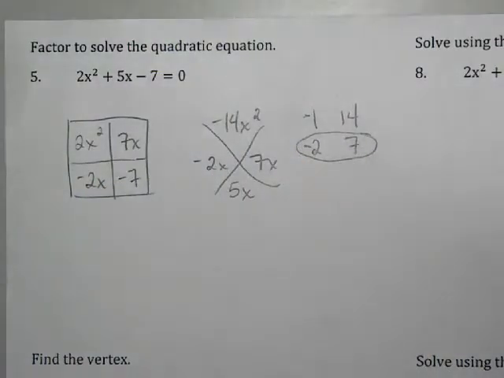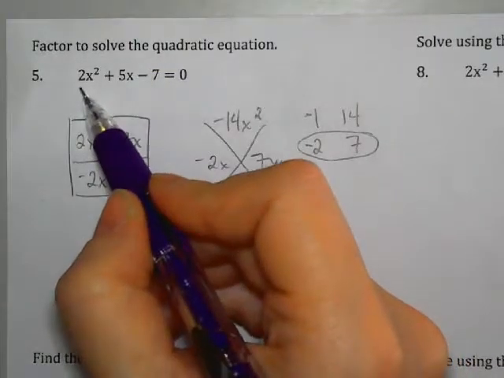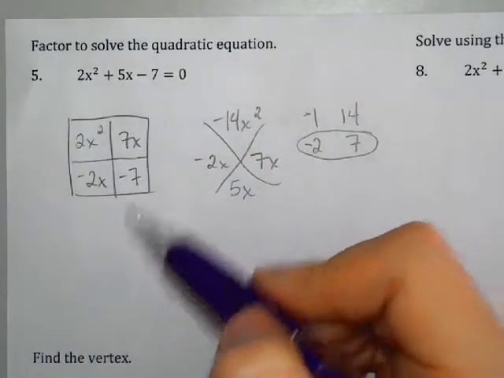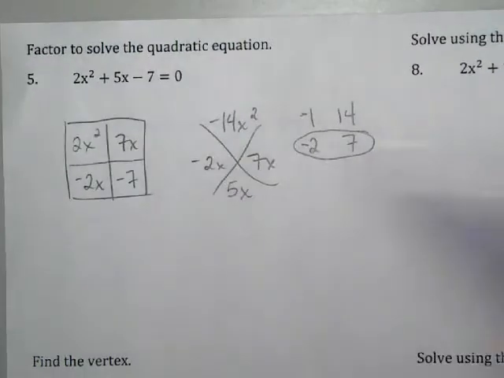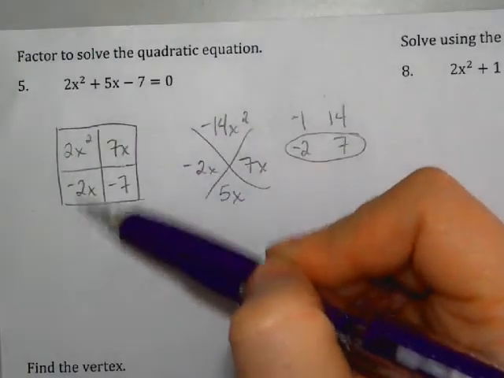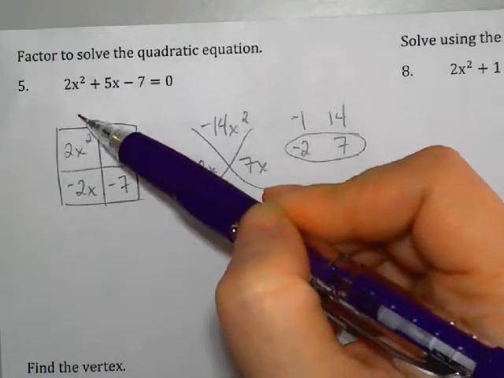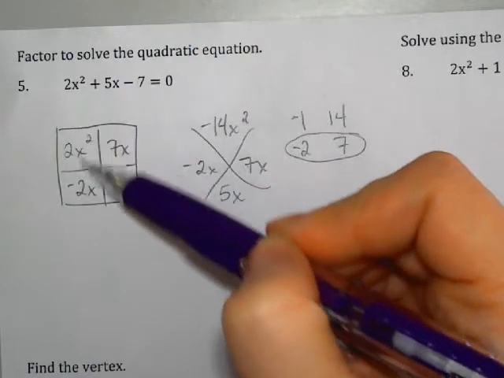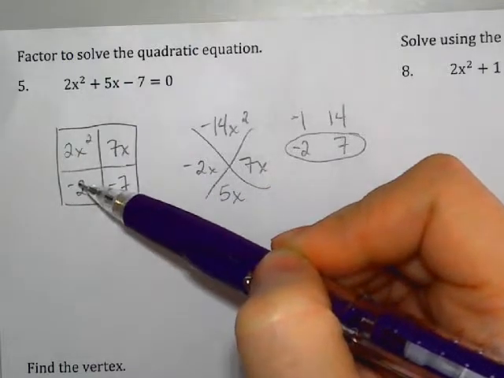Now, when we factor, when our x squared coefficient is not 1, we have to be more careful about taking out our greatest common factor. Okay, so when I look at this column right here, what is my greatest common factor? What can I divide out of both 2x squared and negative 2x?